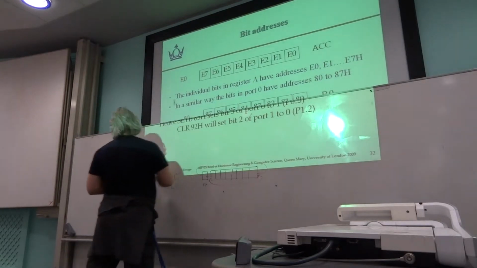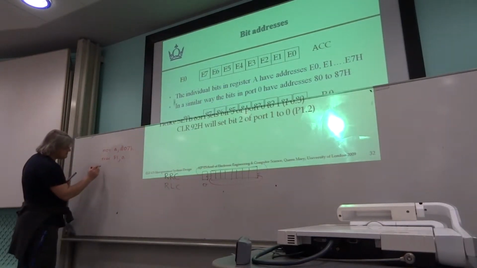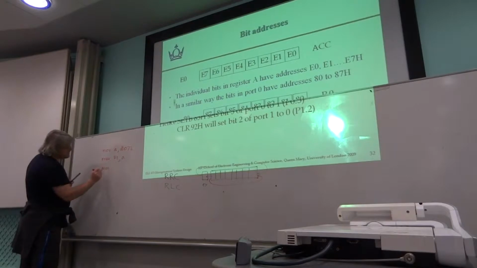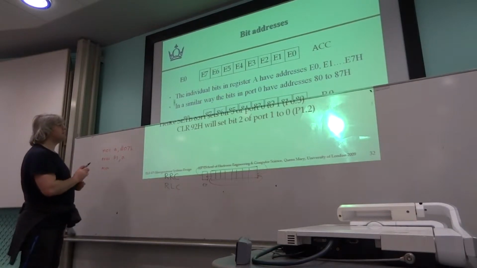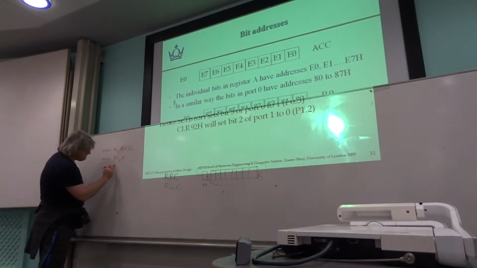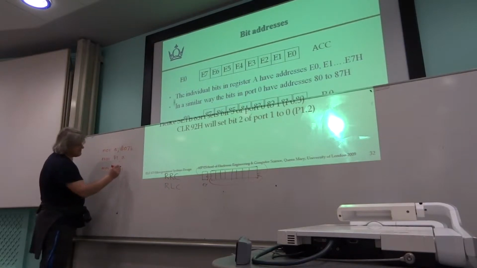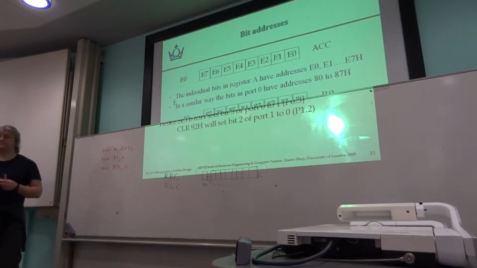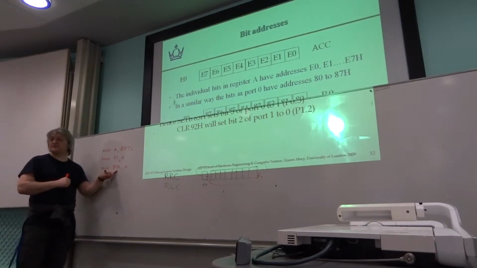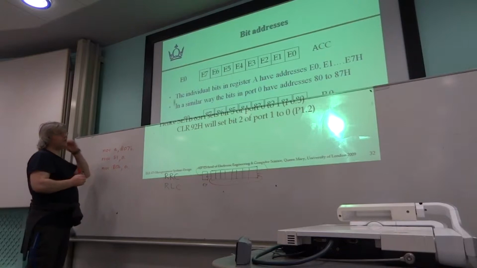That would write a whole byte to this. You could achieve exactly the same thing by saying move to 80 hex the contents of the accumulator. That's just the direct address for port 1.